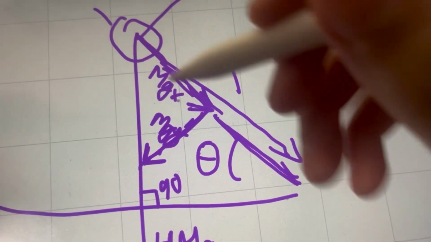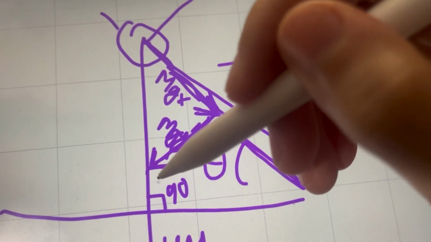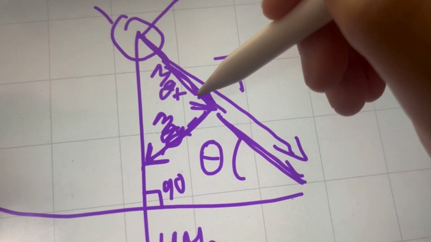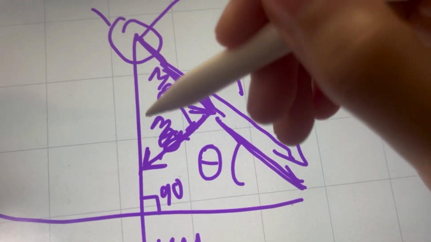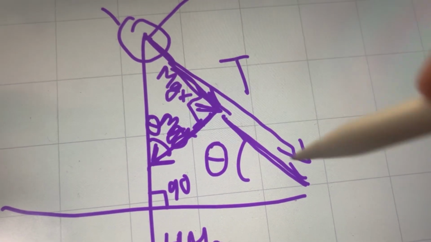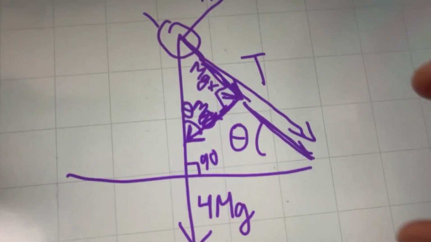This angle would be 180 minus this and this, which is also this, which means that this is theta. I know that reasoning is really confusing, but it makes sense to me.